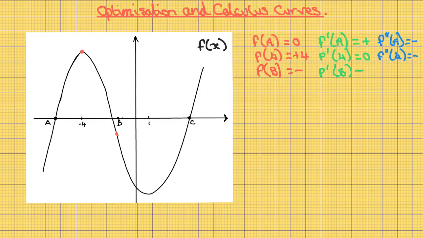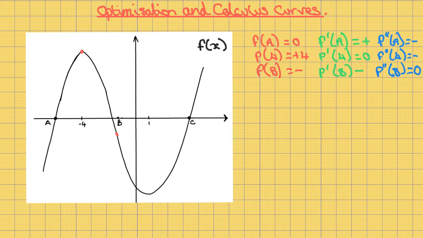F double dash of b, well, b is at a point where the concavity changes from negative to positive. So at B, the second derivative is equal to 0. It is the changing point from a negative concavity to a positive concavity.